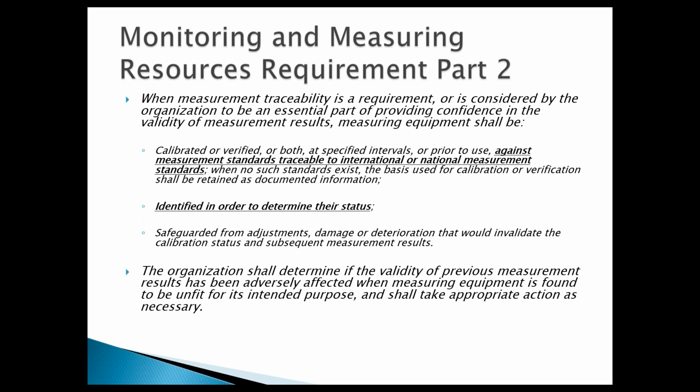And the key stuff here is these three middle bullets, that it be calibrated or verified or both at specified intervals or prior to use against measurement standards traceable to international or national measurement standards. Measuring equipment shall also be identified in order to determine status and safeguarded from adjustments, damage, or deterioration.